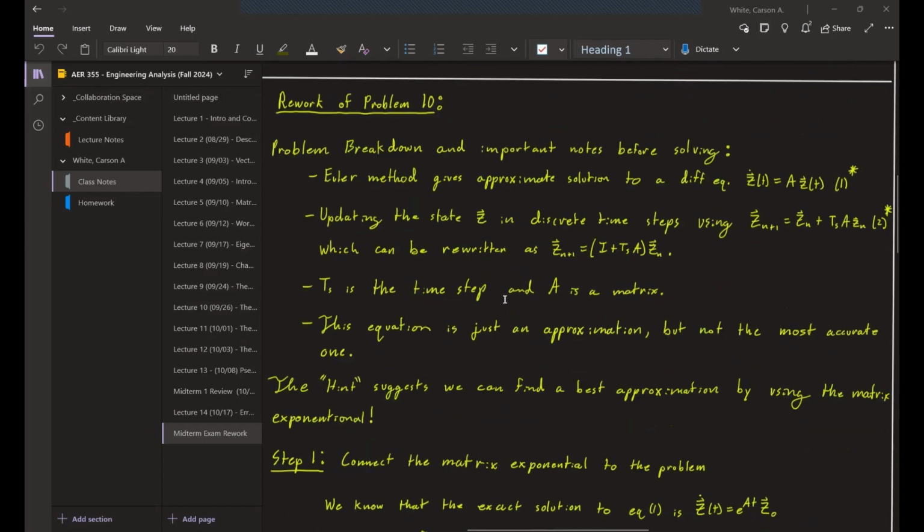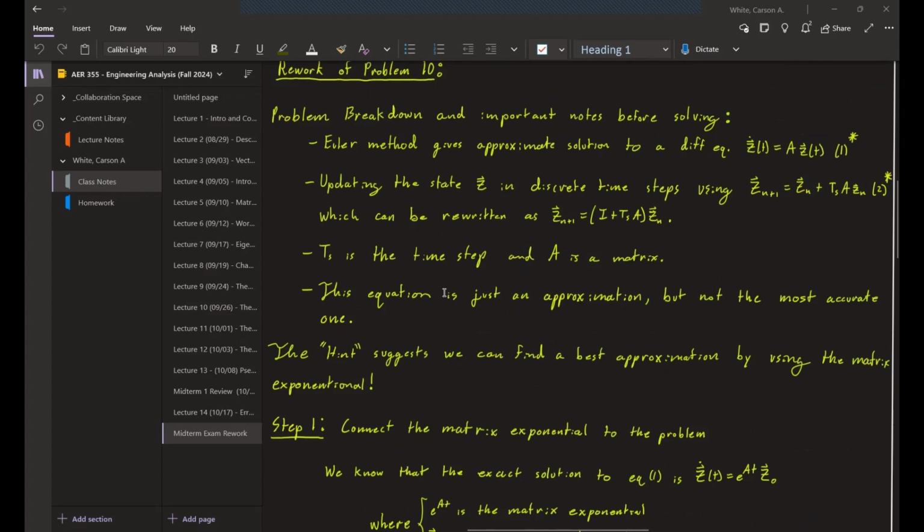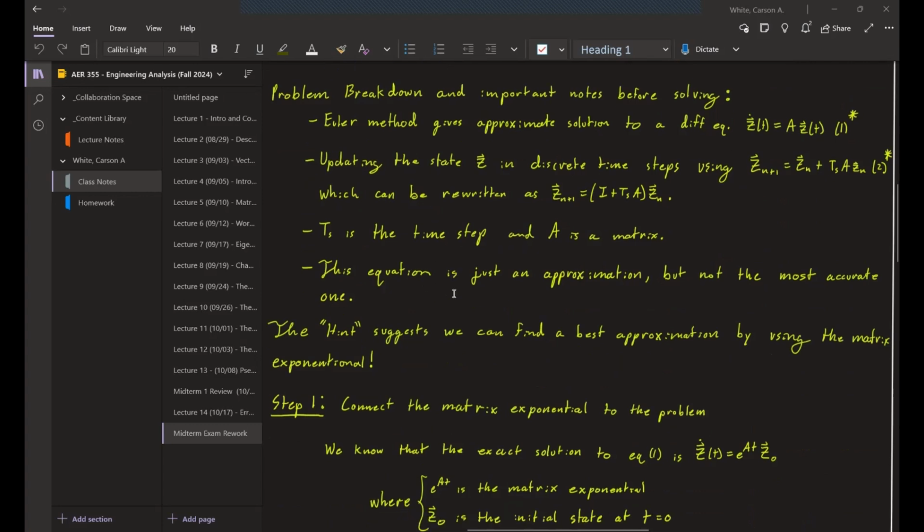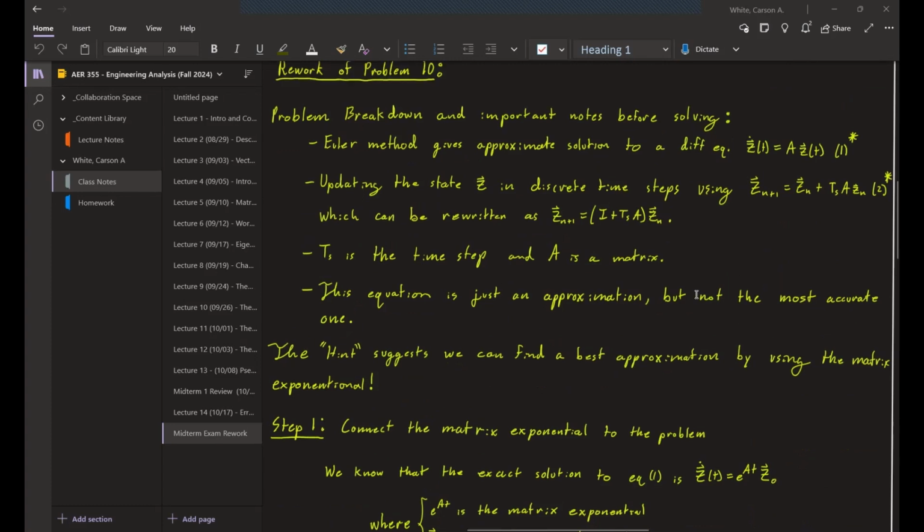The time step is TS and A is the matrix. This equation is just an approximation, but not the most accurate one, and that is something we're going to be focusing on throughout the rest of this problem.